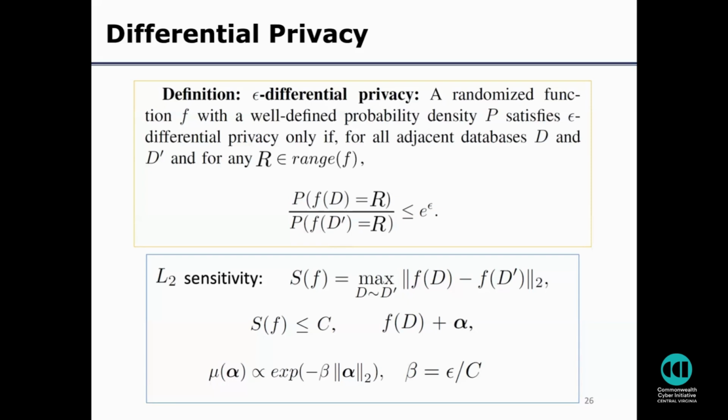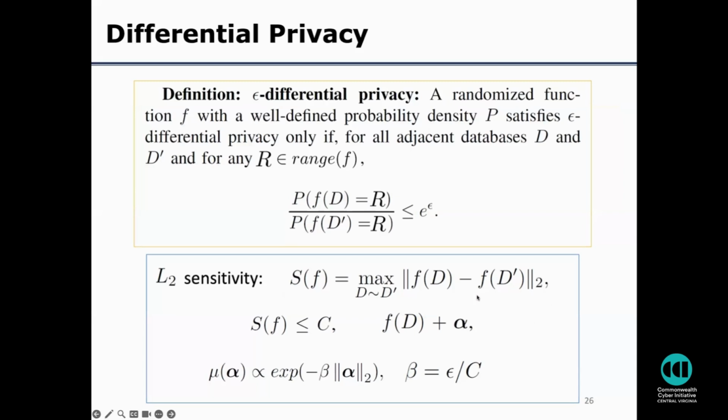Since the query output is almost the same with high probability in the presence or absence of an individual entry, nothing can be learned about any individual entry from the output. When this function f outputs a real value vector, its L2 sensitivity can be defined as the maximum distance between their outputs.